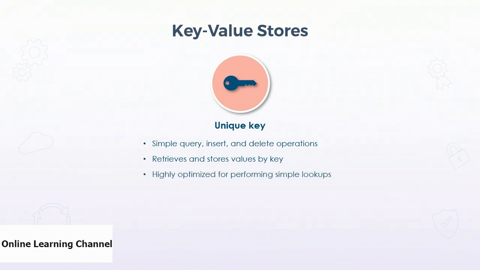It's highly optimized for performing simple lookups, but less suitable if you need to query data across different key value stores. Key value stores are not optimized for querying by value. So we don't really bring in something like select all where country equals a value of Canada, for instance. It's not really optimized for that, but it's good for simple lookups.